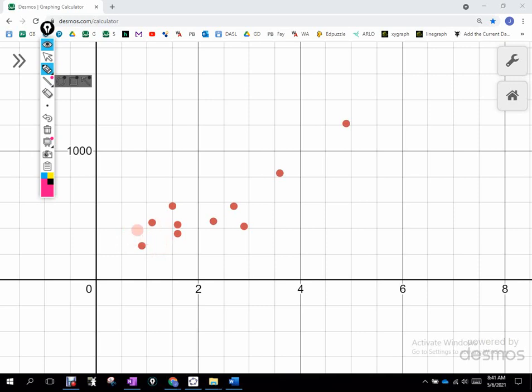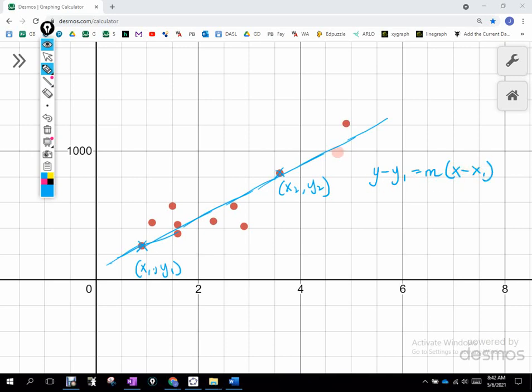So what we would do is say, okay, maybe we're going to choose that coordinate and maybe that coordinate, two ordered pairs, and we're going to create that line, okay? This one we would call maybe x1, y1, this one x2, y2, and then we would run through the formula y minus y1 equals m times x minus x1 with those two ordered pairs, and we would get the equation of that blue line.